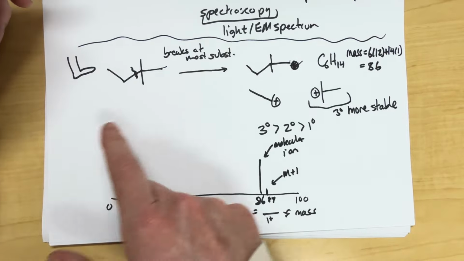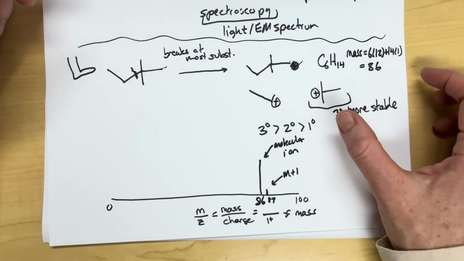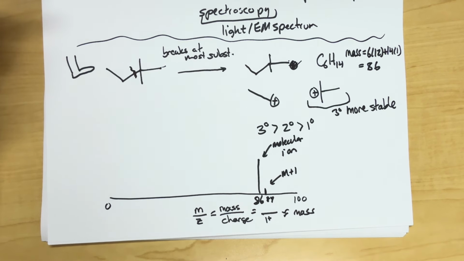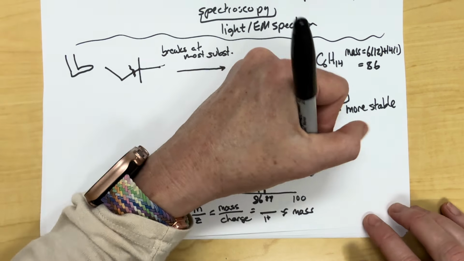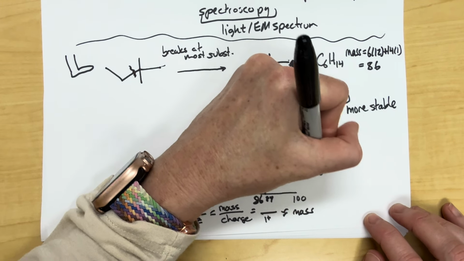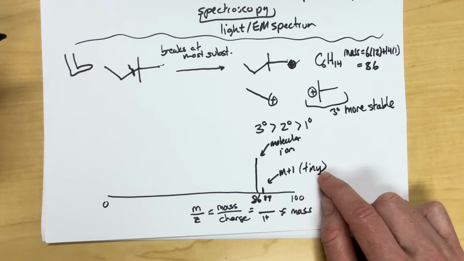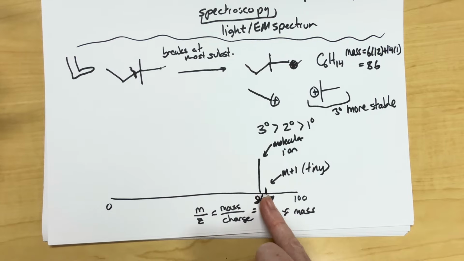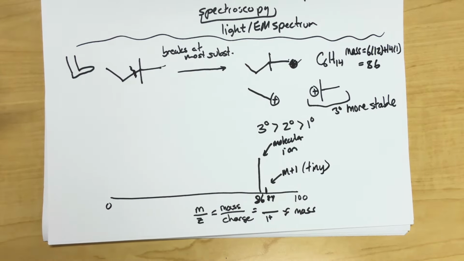And so if you have a fragment that has one of those hydrogen isotopes with a mass of 2, it will add 1 to the overall mass of the thing. So this is always going to be very tiny, because there aren't very many of those isotopes, but it will always be 1 higher than the mass of the molecule.